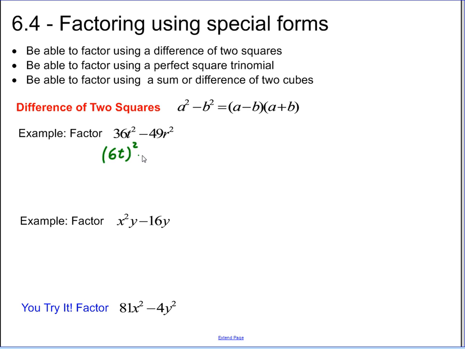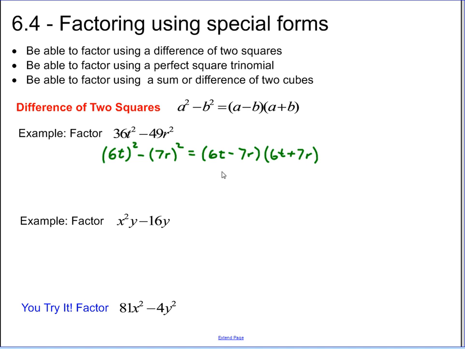The second term is the square of 7r, so 7r squared would give you 49r squared. So using our form right here, we should be getting 6t, the first term, minus 7r, the second term, and another binomial with 6t plus 7r as the second term.